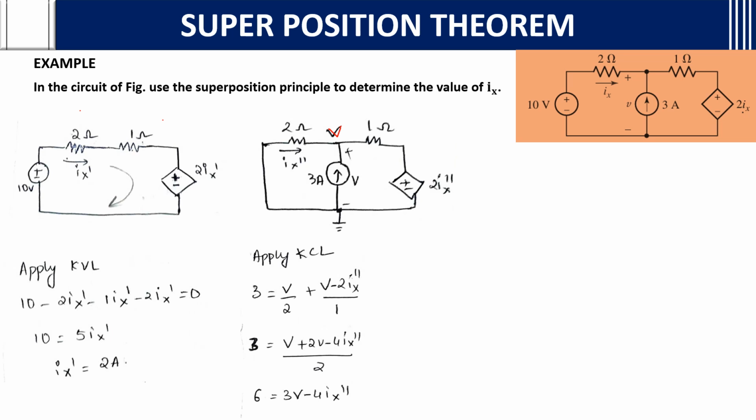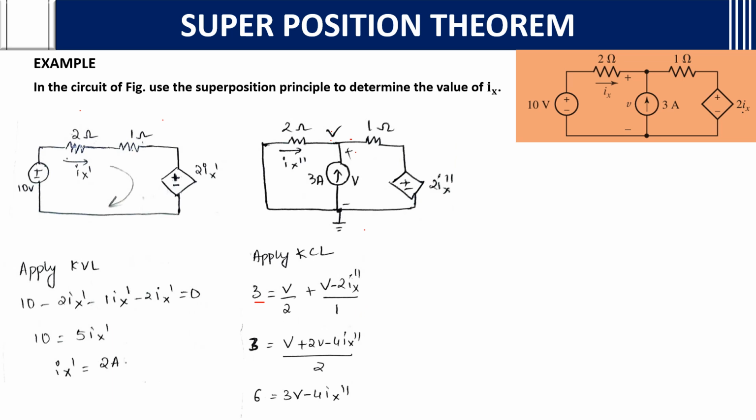If you see, this current is going towards the node, and if you take this as going outside the node, then the incoming current, 3 amperes, equals the outgoing currents: V minus 0 by 2, plus V minus 2 Ix double dash by 1 ohm, that is, Ix double dash by 1 ohm.